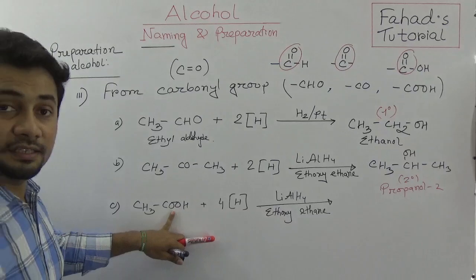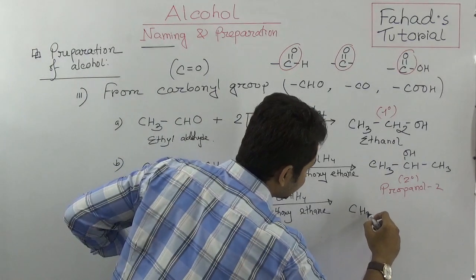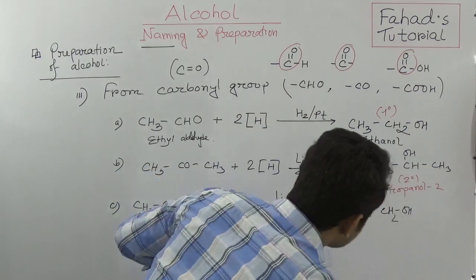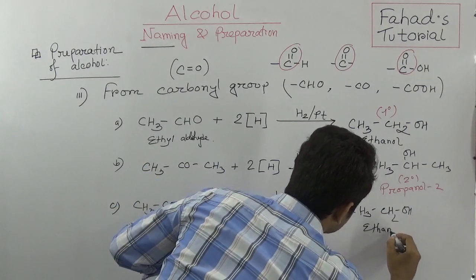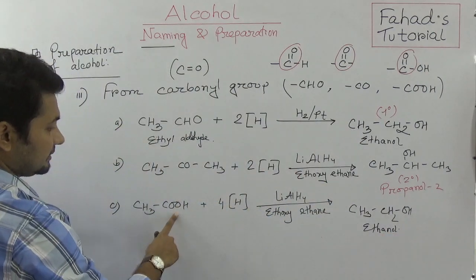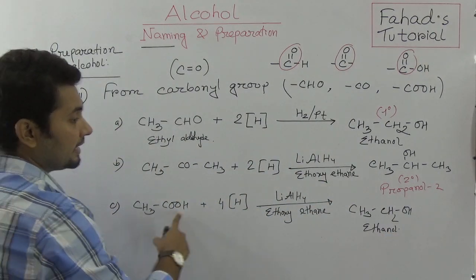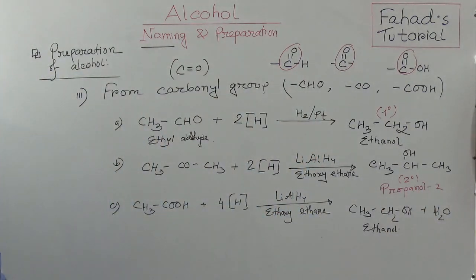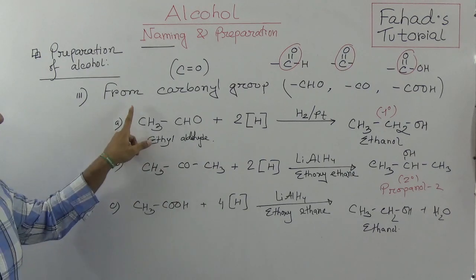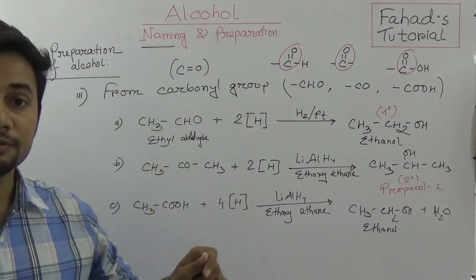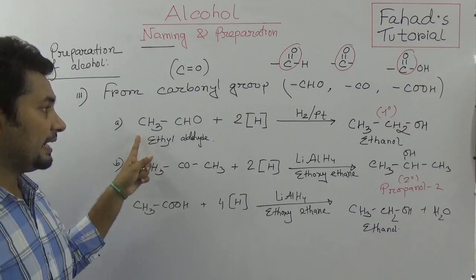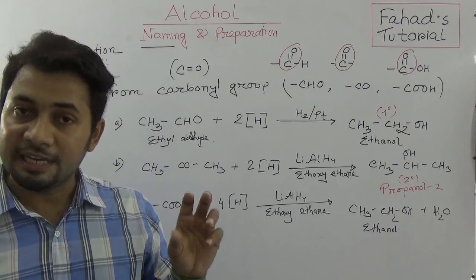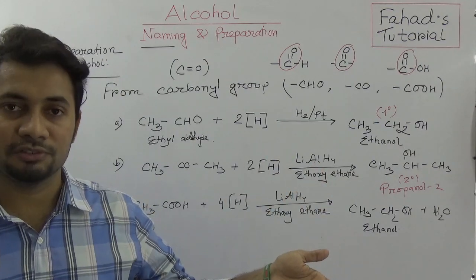Now you see, CH3CH2OH, and again this is ethanol, and with that water will be produced. So now you think simply, from carbonyl group we can produce alcohol, from aldehyde, ketone and acid. Every time when carbonyl group is reduced by hydrogen, then alcohol will be produced.